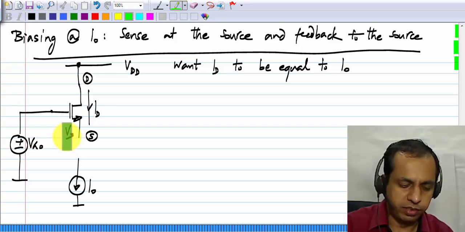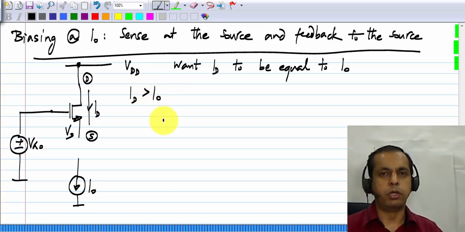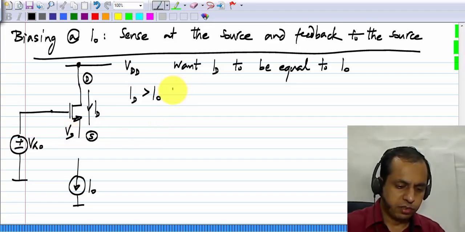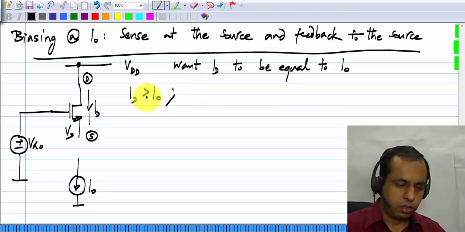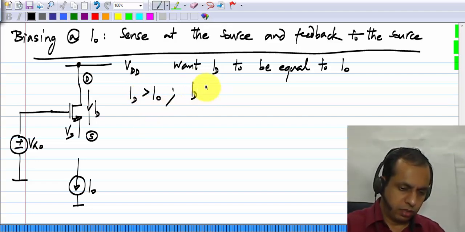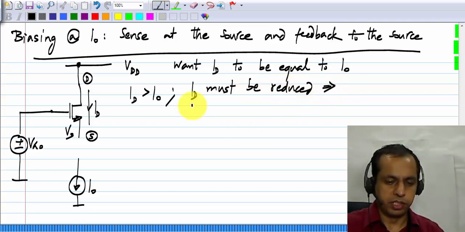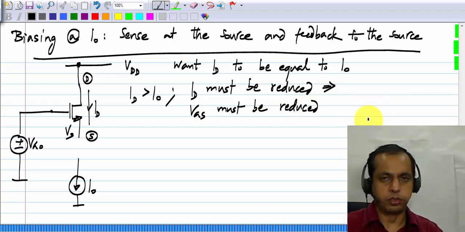We have this Vs, and then let's say ID happens to be more than I0. We want it to be equal to I0, so we have to reduce the value of ID. So what must happen to Vs? Please reason it out. Now ID must be reduced, which means that VGS must be reduced.